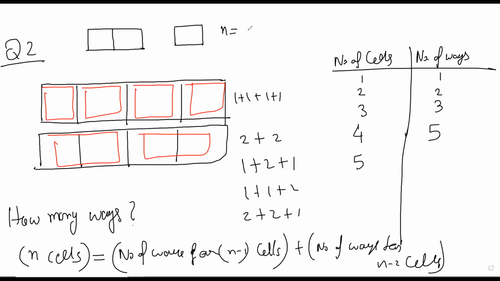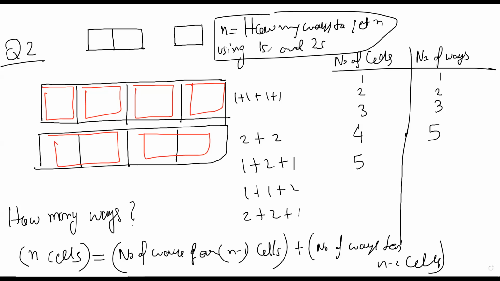How many ways to get n using ones and twos? Do you agree? This is what the question was.